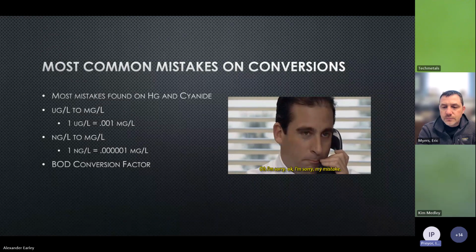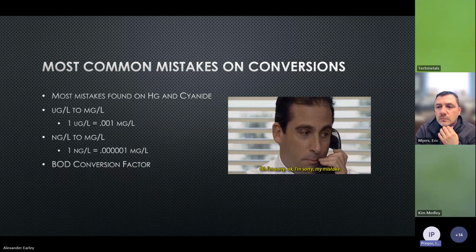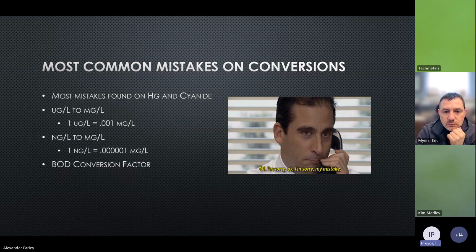Another thing I wanted to point out is that your permit is based on whether you run the COD analysis, and then the BOD loading is determined using this factor. You cannot substitute the 5-day BOD analysis for this BOD loading.